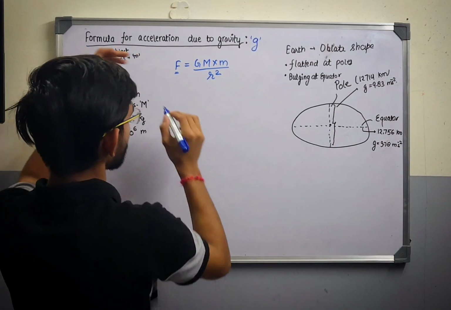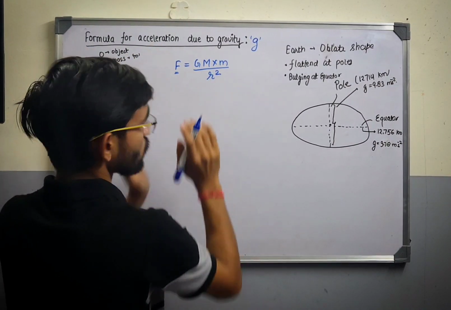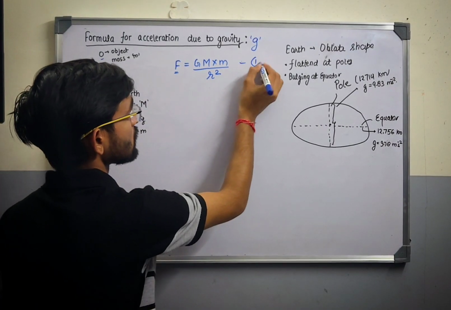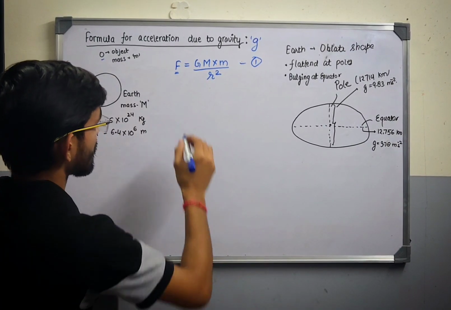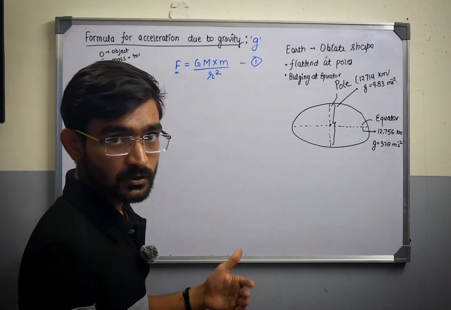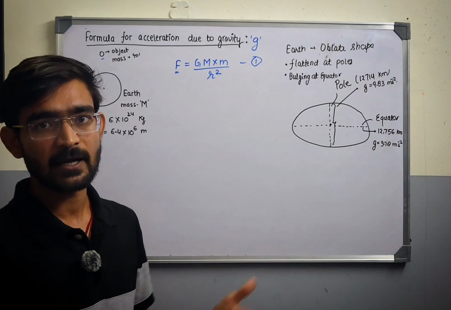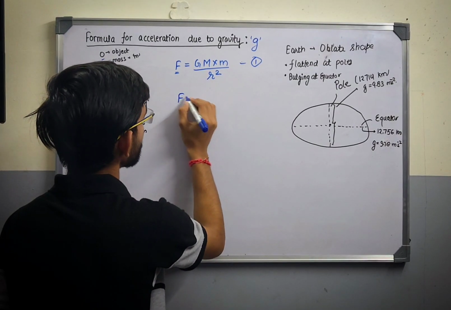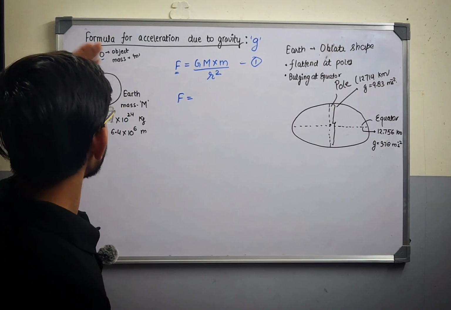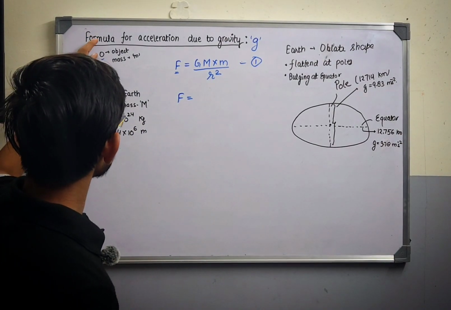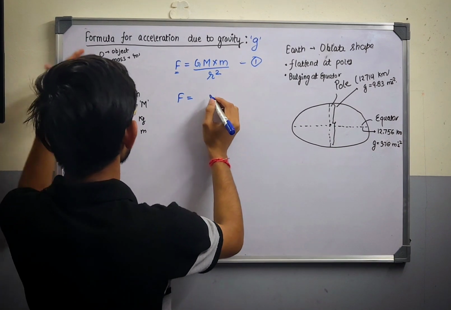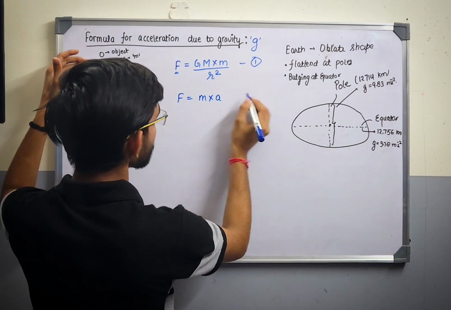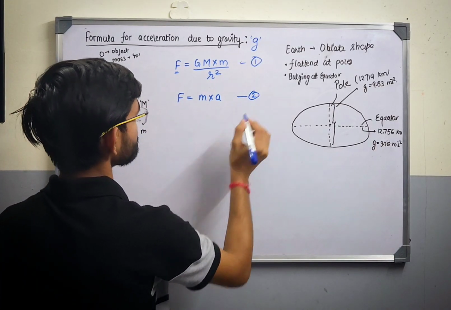Now this object will experience this much amount of force, and from Newton's second law we can write that the net force on any object is the product of mass and acceleration. If I want to find the acceleration of this object, I can write F as net force on that object, m into its acceleration. This is equation 2.